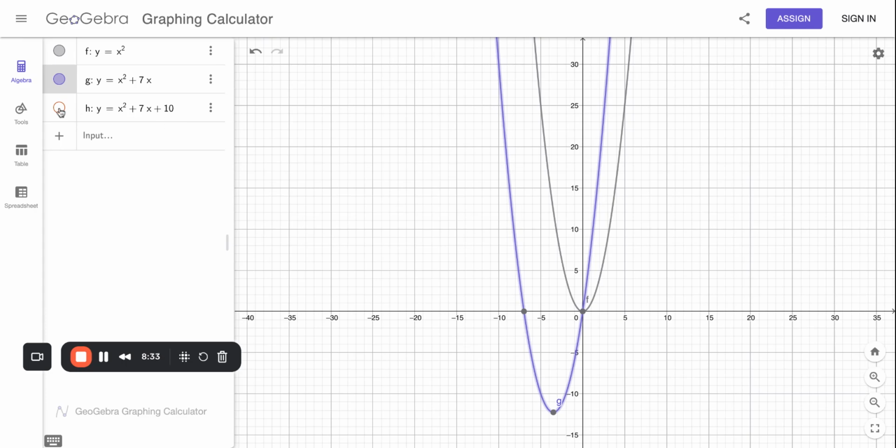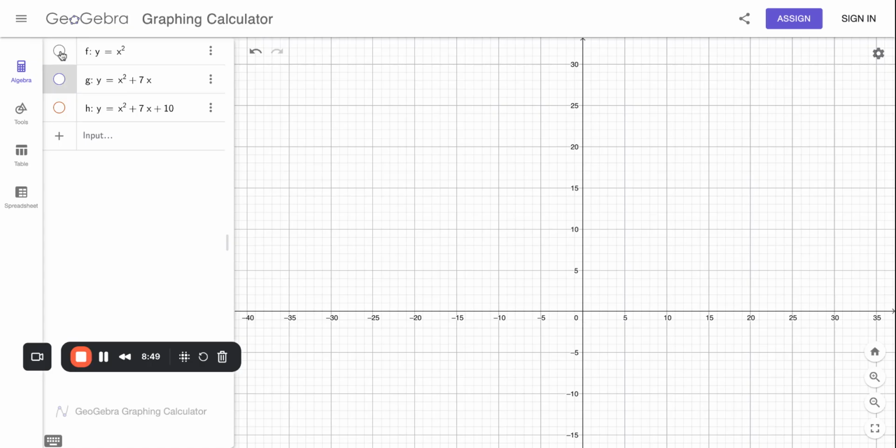So for g, let me hide everything else. For g of x, we could have said that y is equal to x squared plus 7x plus 0. So this graph's y-intercept is 0. Our initial graph here also had a y-intercept of 0.